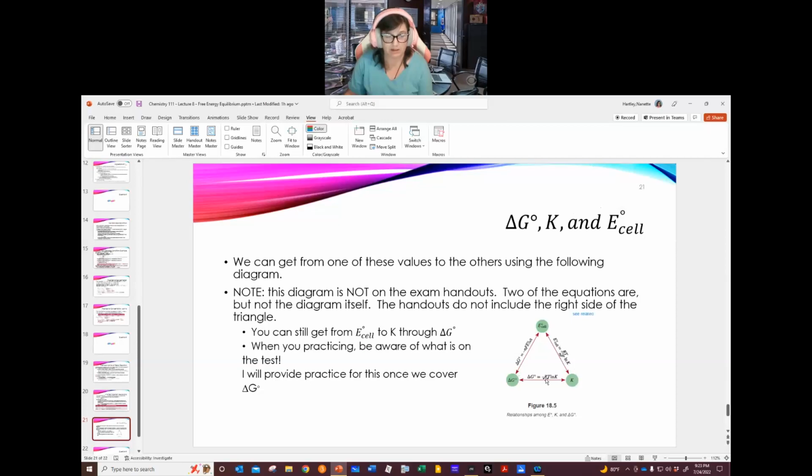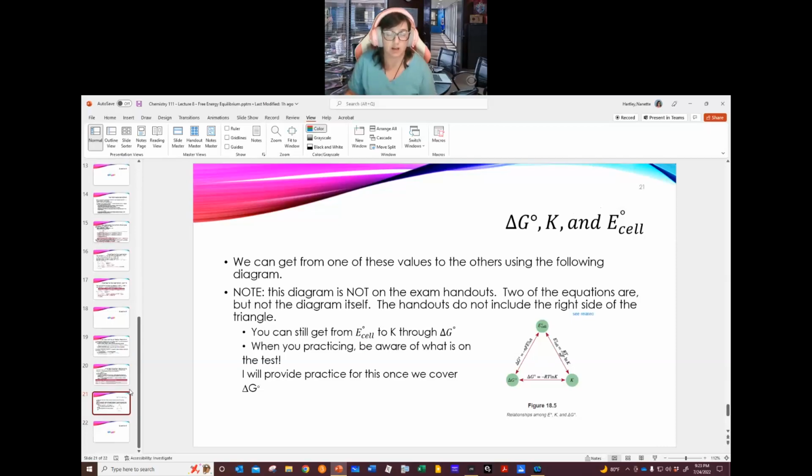So these relationships will be there, and you can still get E naught cell to K through delta G. When you're practicing, be aware that the triangle is not on the test, and we will provide practice for this once we cover delta G. Through practice for each of these lectures, you will see how these things are related. I want you to do that practice with your handouts for the test. So that's how all of that thermodynamics is connected.